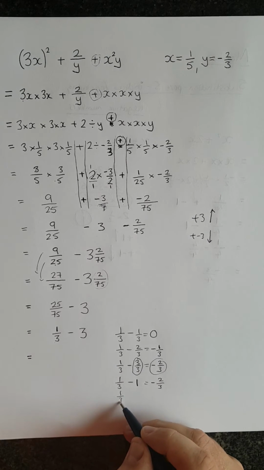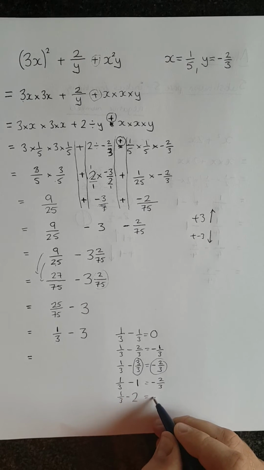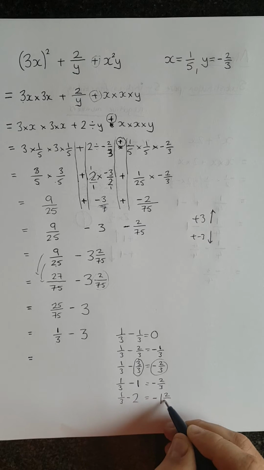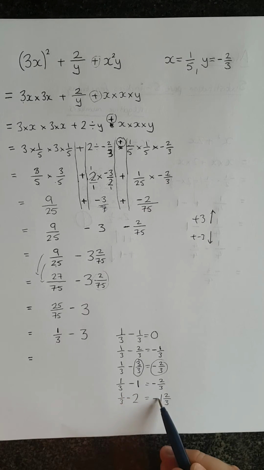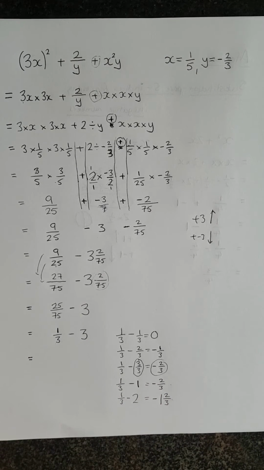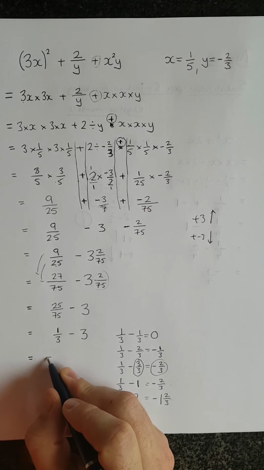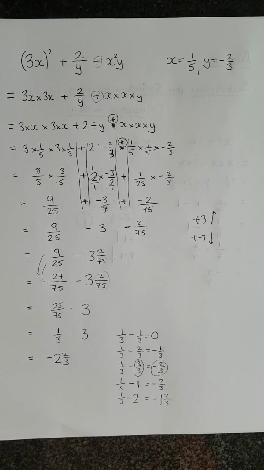So what would a third take away 2 be? It would be minus 1 2/3, because you have to take away another 1. So your number goes even further into negatives. So our answer then is minus 2 2/3.